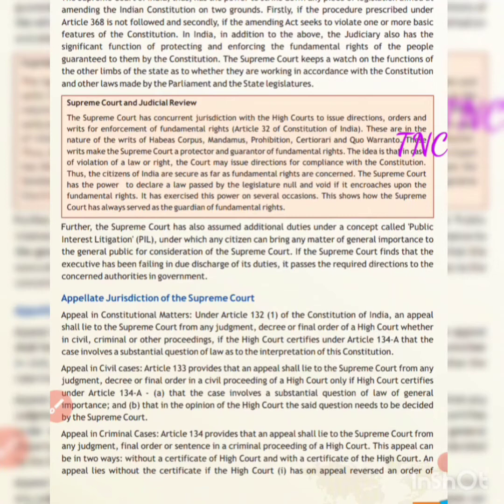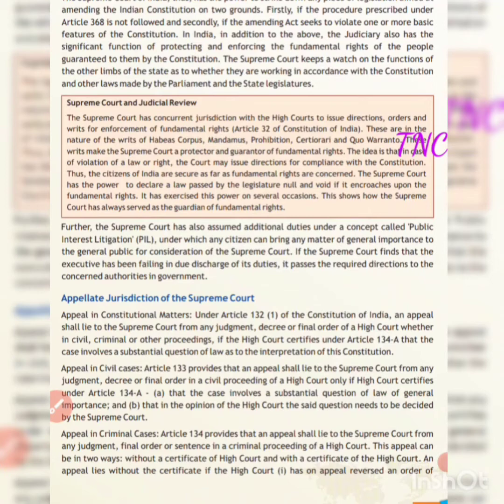If either party is not satisfied with the verdict given by a lower court, then the matter can go up to the Supreme Court for hearing, and that is known as the appellate jurisdiction of the Supreme Court.